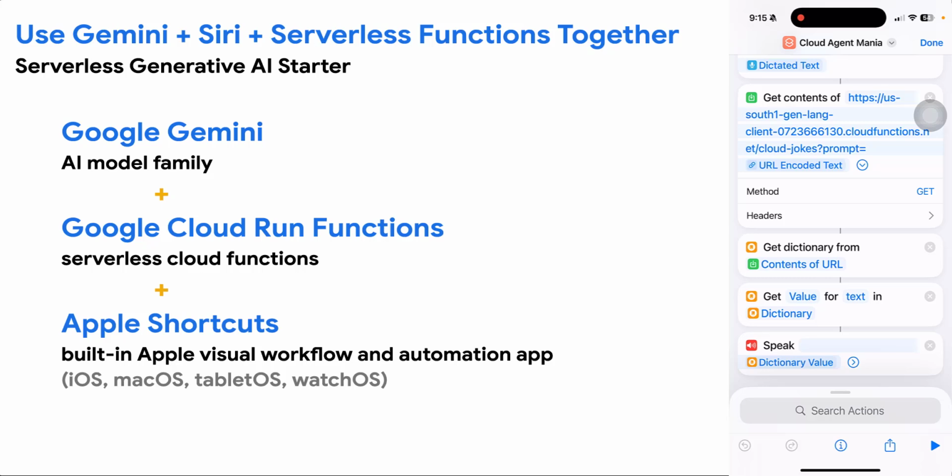Very fast. We're using that model because it has fast inference time. It's very affordable, and for an interaction like this, where we want it to be fast and snappy, it's very good. Then we're getting the response from a text key or property, and having Siri read that. So without further ado.